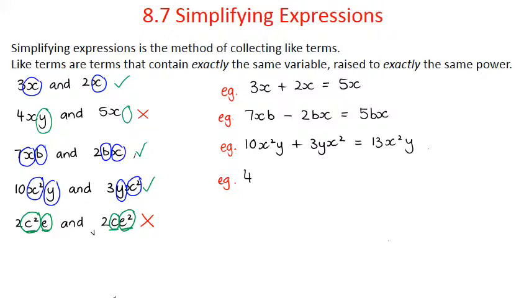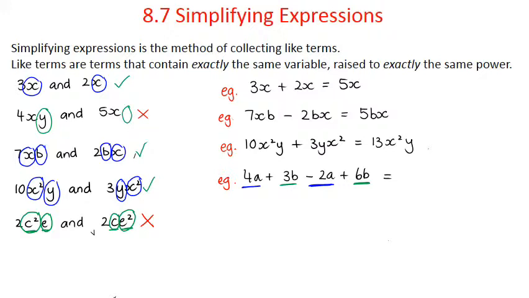Okay, 4a plus 3b minus 2a plus 6b. Right, all we have to do is collect our like terms. Now, our like terms in this situation are 4a and negative 2a. And we also have 3b and 6b.